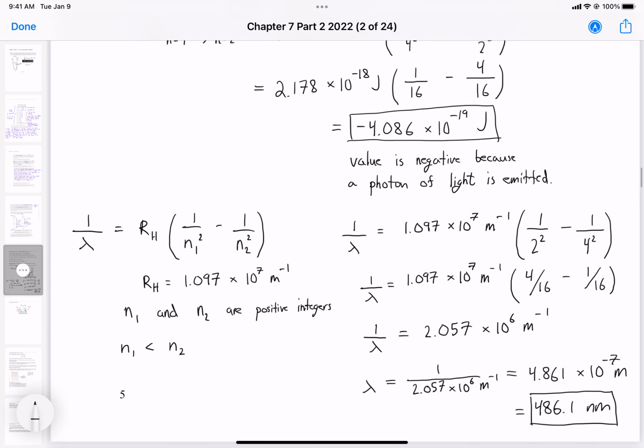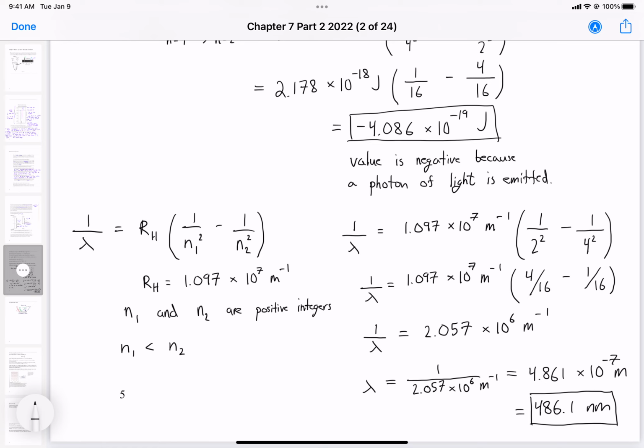So you can use both these equations to solve for the energy or the wavelength, because once you find the wavelength, you can find the energy, and once you find the energy, you can go back and find the wavelength. So I thought I'd introduce these two equations here. Okay, so let's move on now.